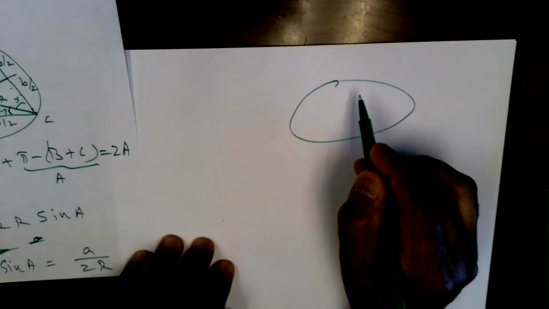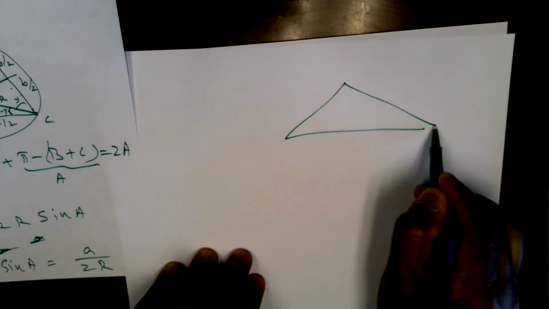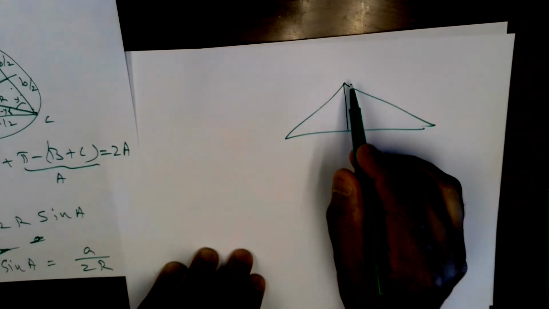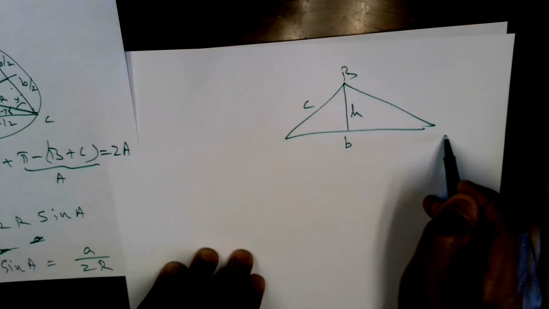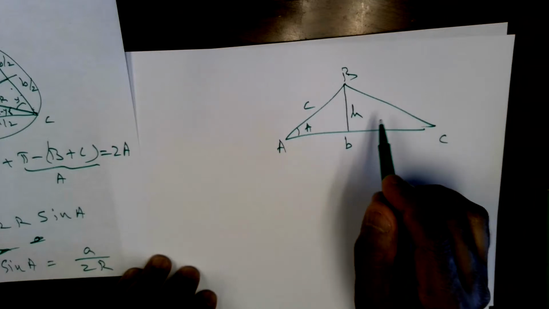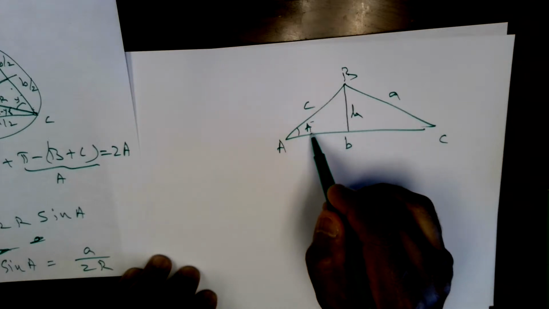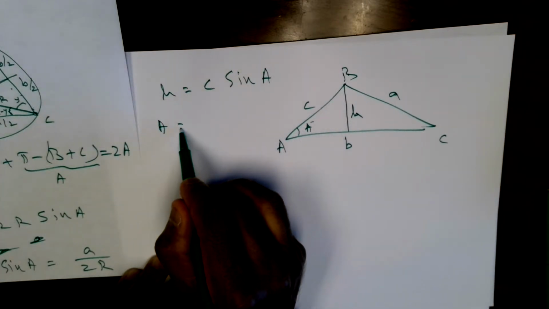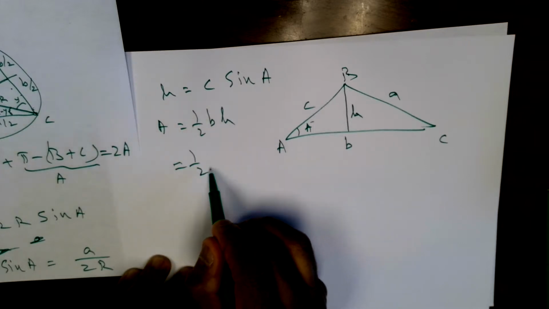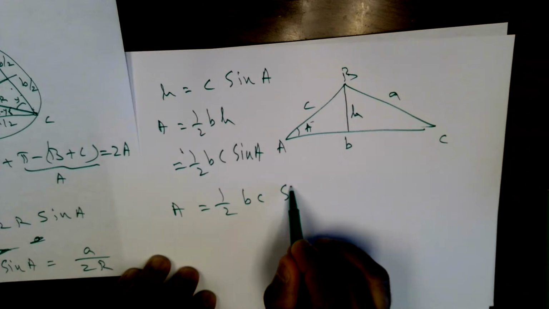And similarly, the area of a triangle. If you have a triangle, notice that the way I have drawn this triangle, H is c sine A. So area is half b H, which is half b c sine A. But we just had it in the earlier slide, sine A is a by 2R.